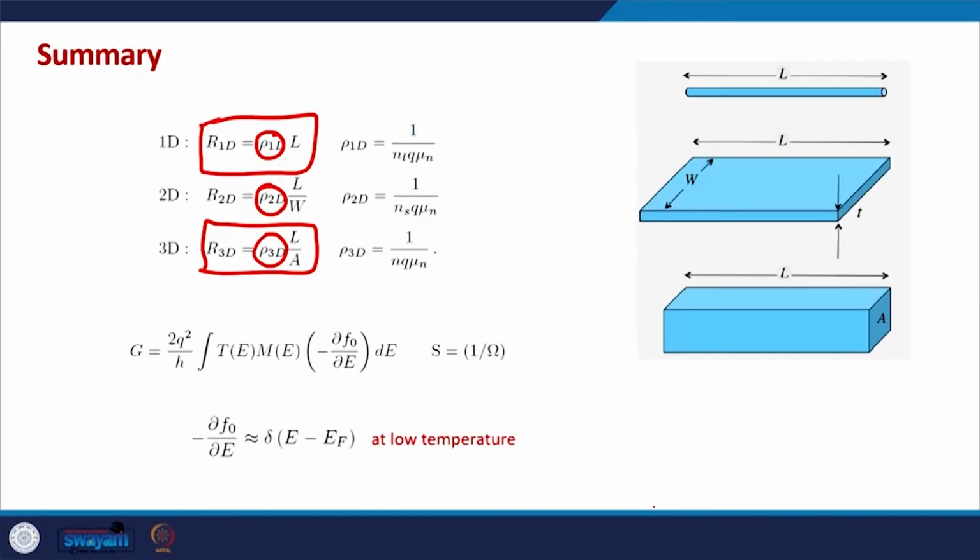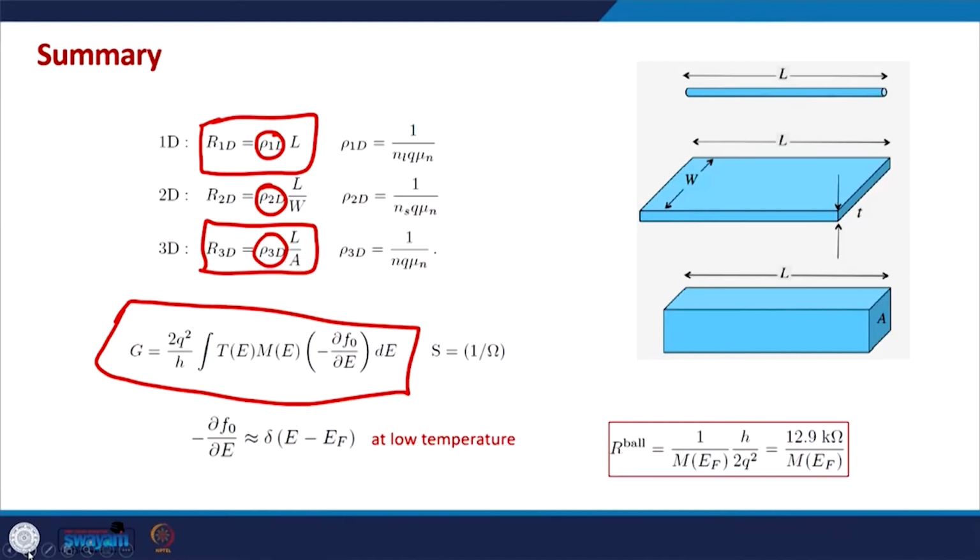From our formalism of the general model of transport, we deduced this expression of the conductance of the device. G is equal to 2q square by h integration of T(E) M(E) over the Fermi window, minus del f by del E, times dE.